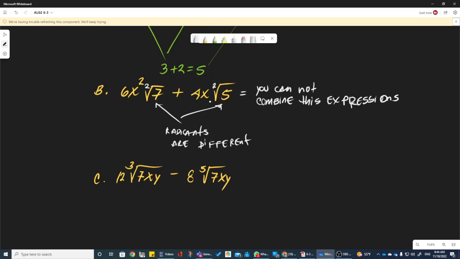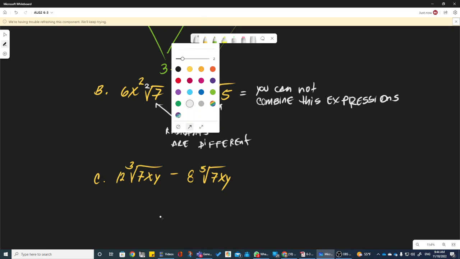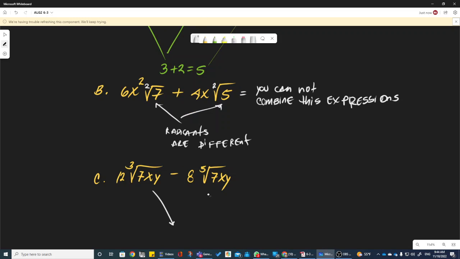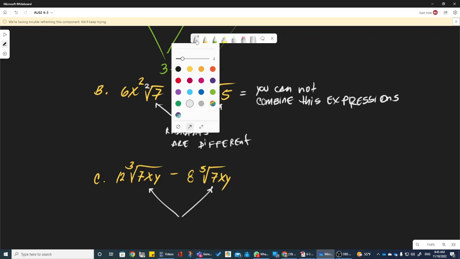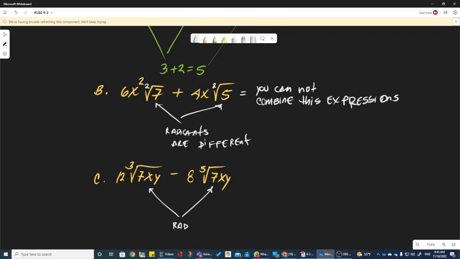As you can see here, and here, the radicands are the same. Okay?